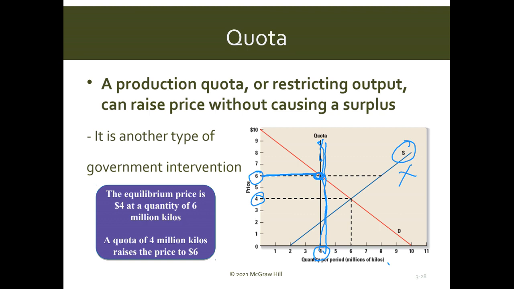So supply equals demand. At the $6 price, quantity demanded is 4 units and supply is also 4 units. So the market clears. There's no surplus. So this is the basic difference between price floor and quota, that quota does not cause a surplus. So that is another type of government intervention.